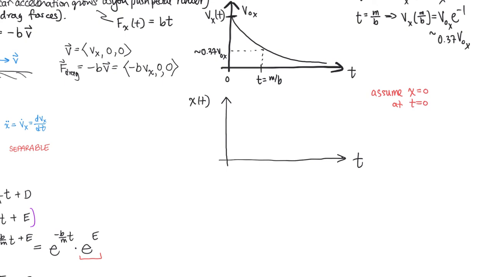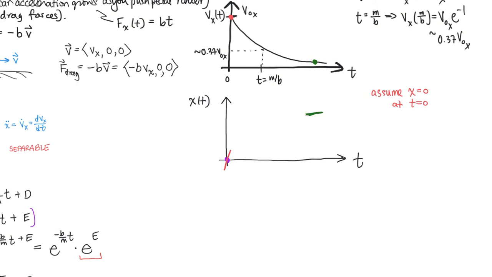at t equals 0. Okay, so that puts us right here to start, and the fact that our velocity is high at that point tells us that our slope of this graph will be large at this point. Later on in time, our velocity is getting smaller and smaller, which tells me that the slope of my position curve must be getting smaller and smaller as well.